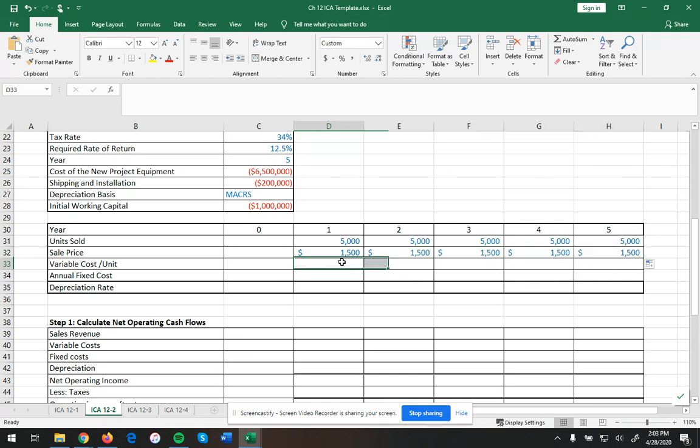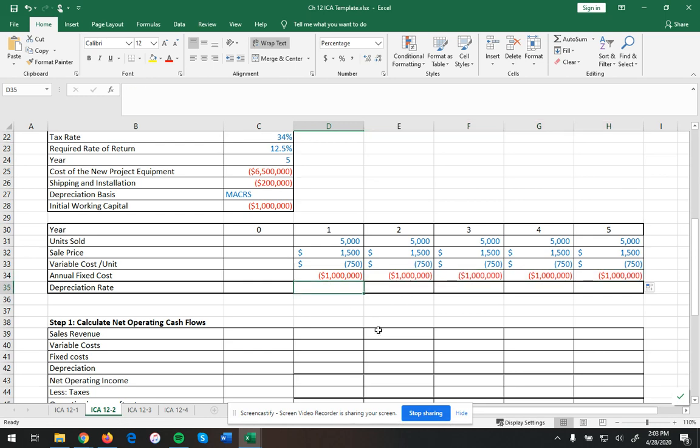We know the variable cost is always going to be $750 per unit, so negative $750. My annual fixed cost is going to be $1 million, $1 million every year.